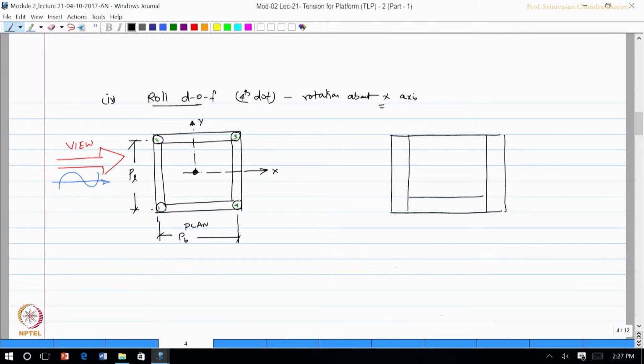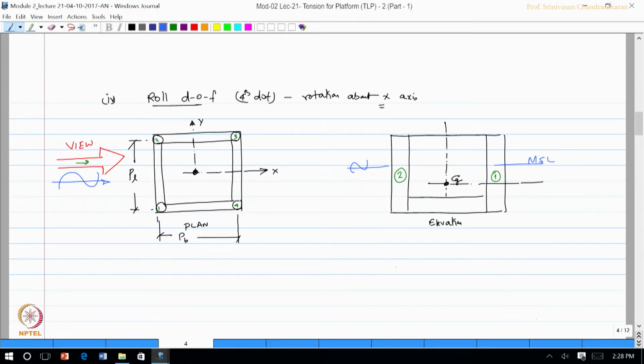This is the elevation. Naturally this member will be 2 and this member will be 1, because I am viewing this from this direction. Now, the CG will be located somewhere here, and this is my water level, which I call mean sea level.